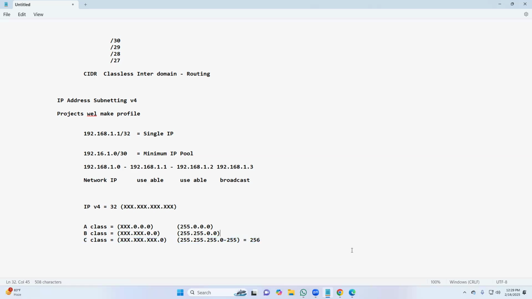That's why in a C class the maximum number of IP addresses is 256. But if you go with this same technique, then how can you calculate? Write 255 dot 255. Two numbers are fixed, but here 0 to 255, and then dot and then 255.